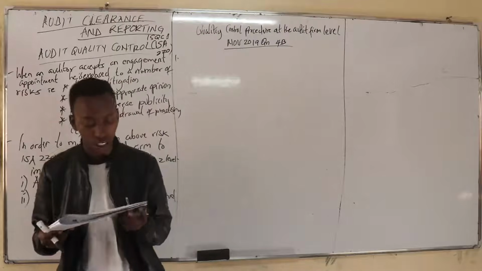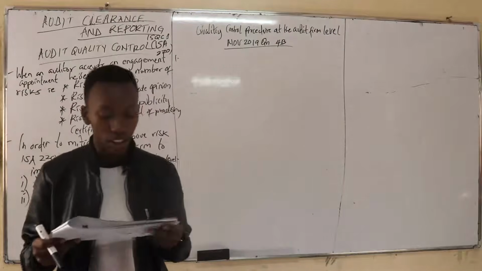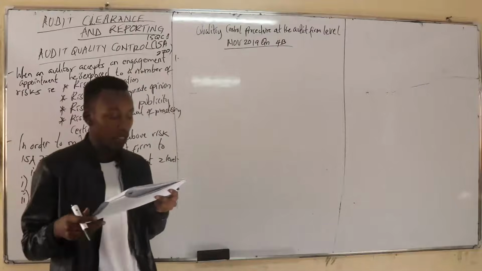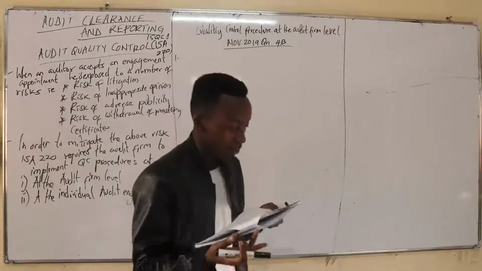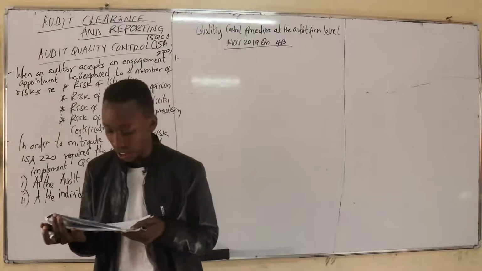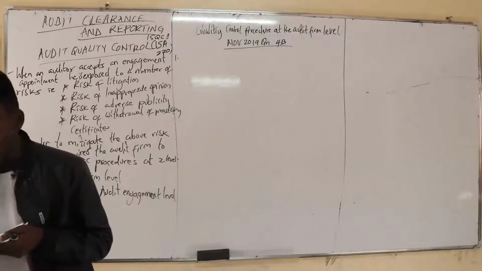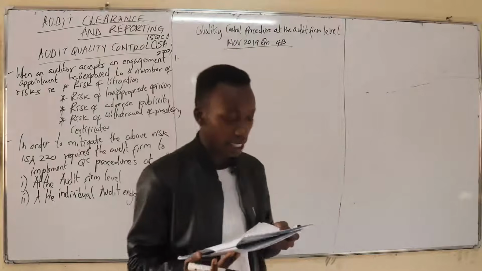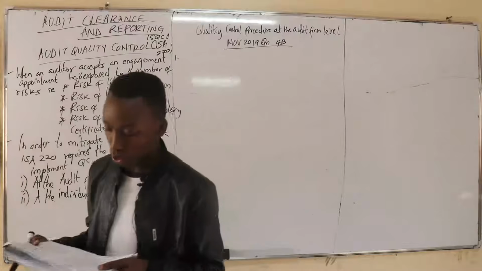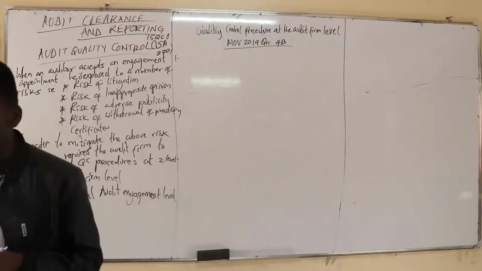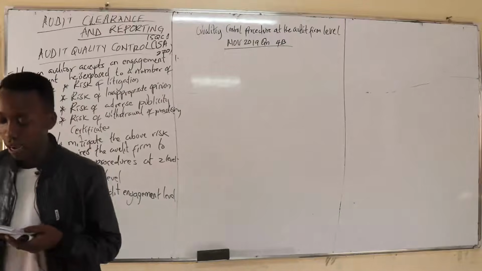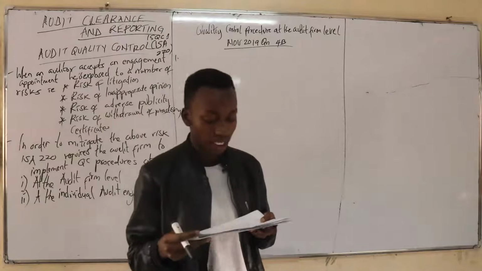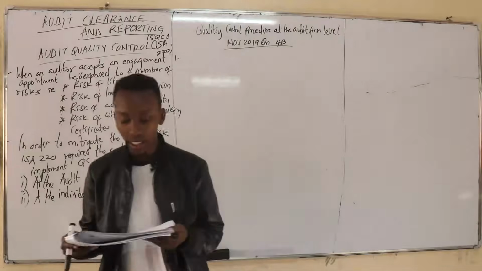International Standard on Quality Control 1 requires that firms establish, document, and communicate to staff their quality control policies and procedures to provide reasonable assurance that the firm and its staff comply with the professional standards, regulatory and legal requirements, and that the firm and or the engagement partner issue reports that are appropriate to the specific instances.